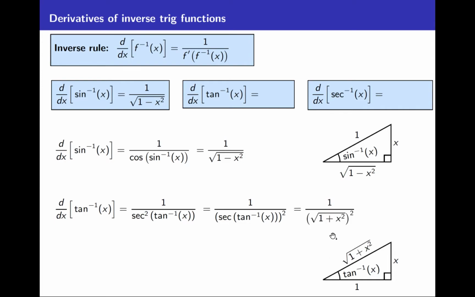So this becomes 1 over the square root of 1 plus x squared, squared, which is 1 over 1 plus x squared. So there we go. The derivative of tangent inverse of x is 1 over 1 plus x squared. We'll put that in the box. And this is our newest derivative rule.